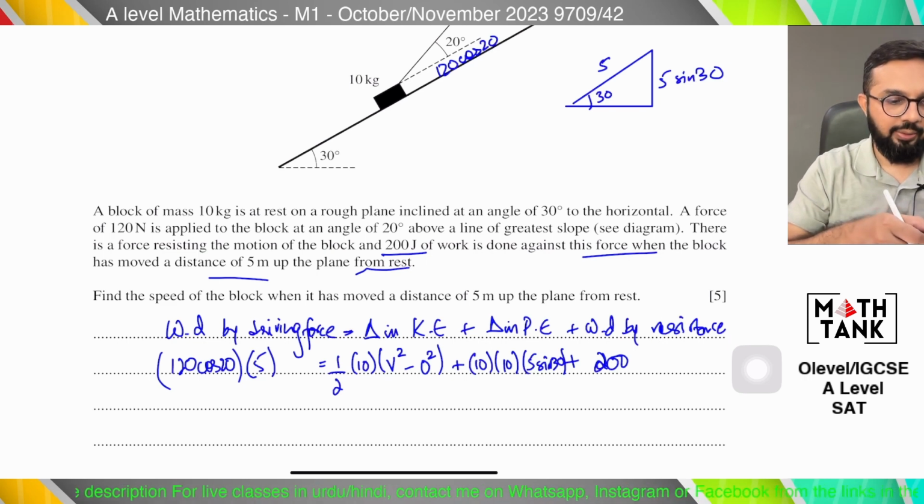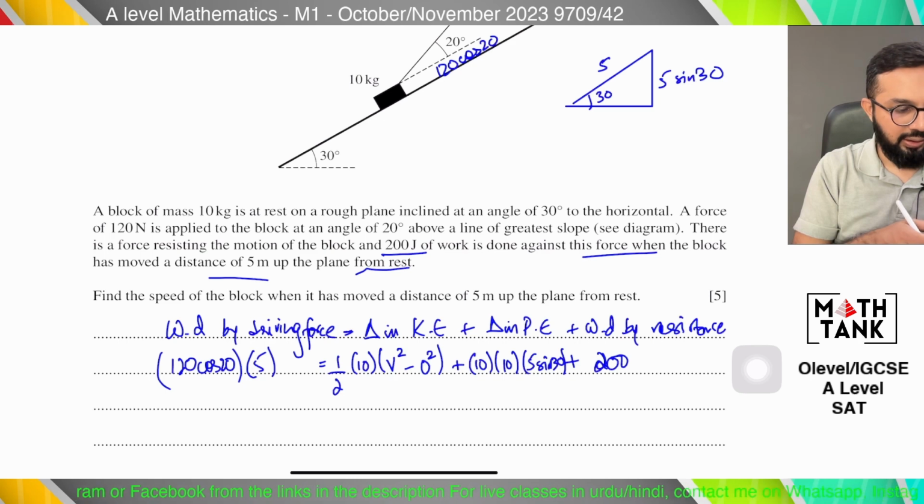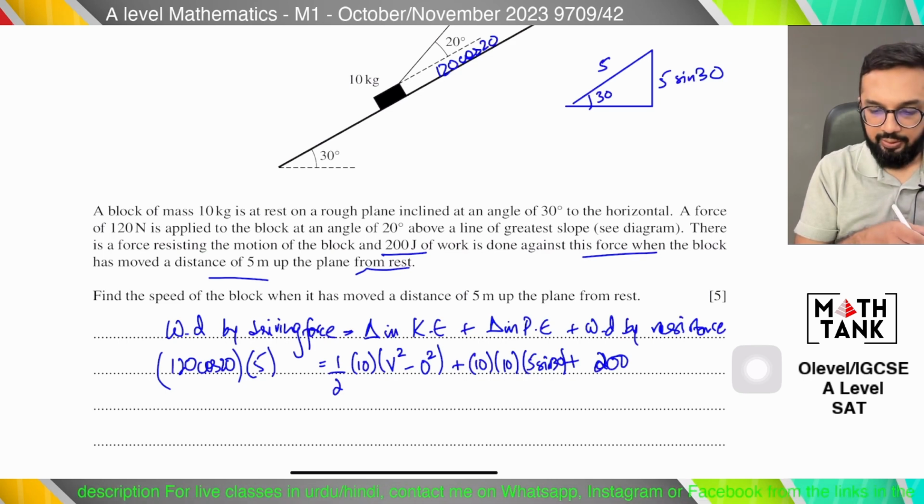Use my calculator to open up the solver and solve that equation: 120 cos 20 times 5 equals 5x squared plus 500 sine 30 plus 200.